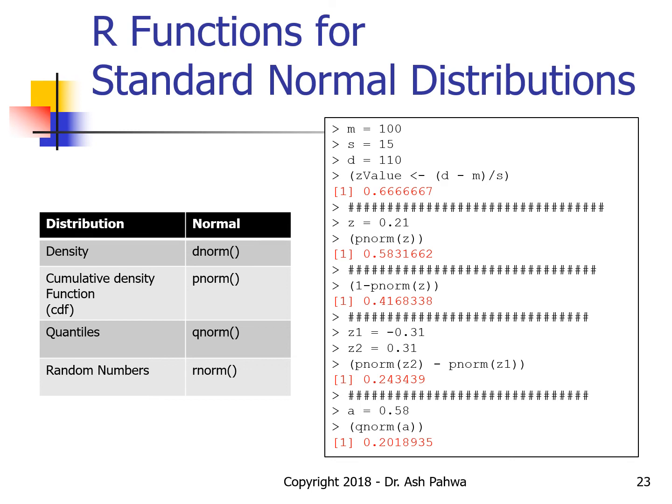R also provides the inverse function, which is called qnorm. So given an area of 0.58, we can determine the value of z, which comes out to be 0.2018. And that is the same result that we saw before. So everything we previously did in Excel, we can do in R.